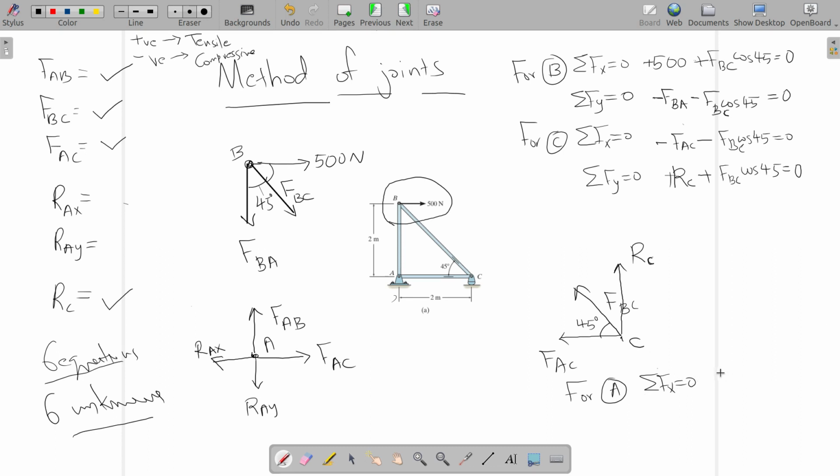That means minus RAX plus FAC is equal to 0, which means FAC is equal to RAX. Net force in y direction is 0. That means FAB minus RAY is equal to 0, which essentially means FAB is equal to RAY. So FAC and FAB are already calculated, and you will get values of RAX and RAY.